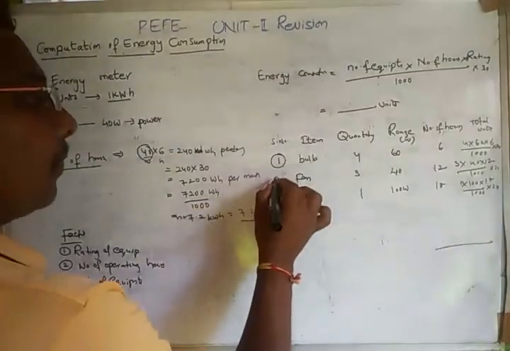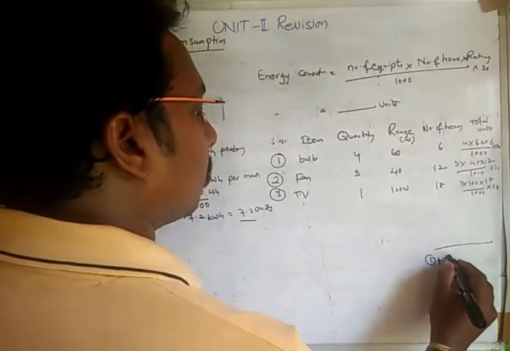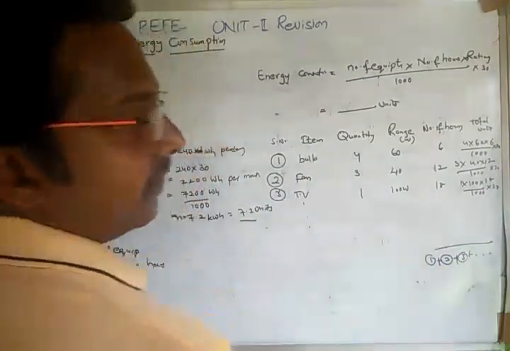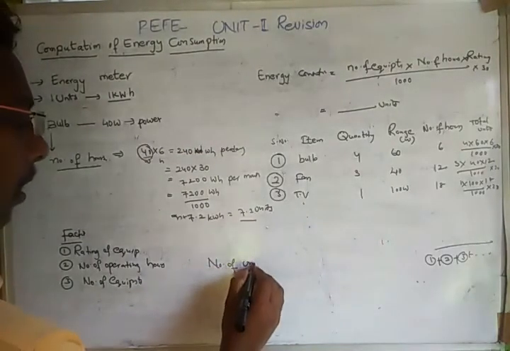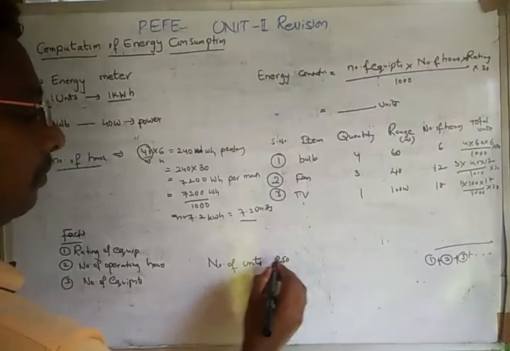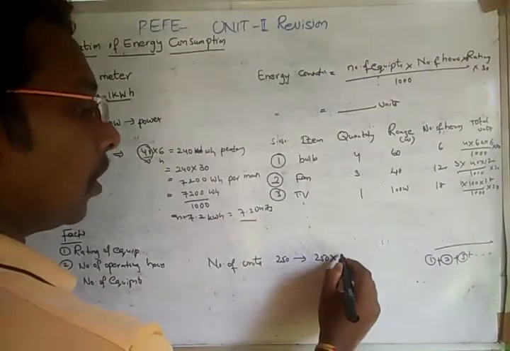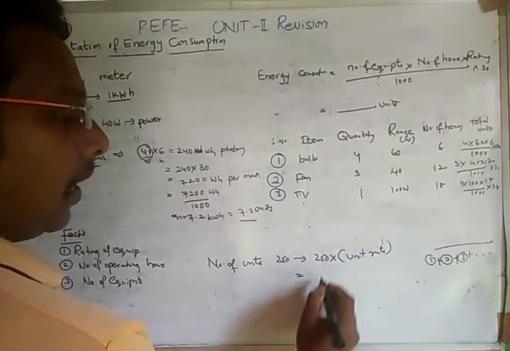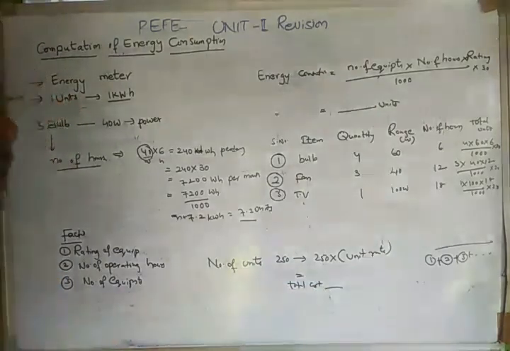If there is any number of equipment, these are added: the total units from 1 plus 2 plus 3 and so on give the energy consumption. For example, if there are 250 units, the 250 units multiplied by the unit rate give the total cost per month.